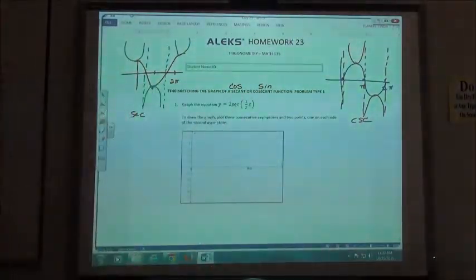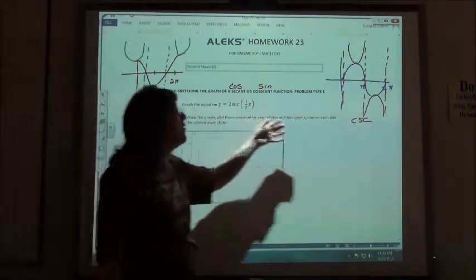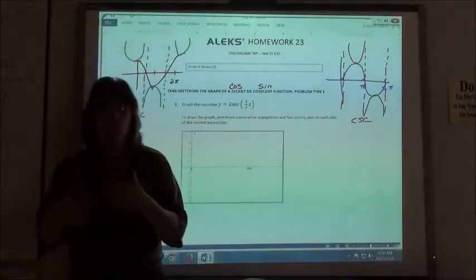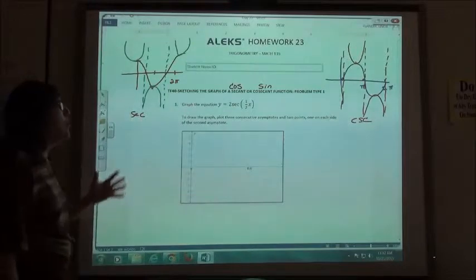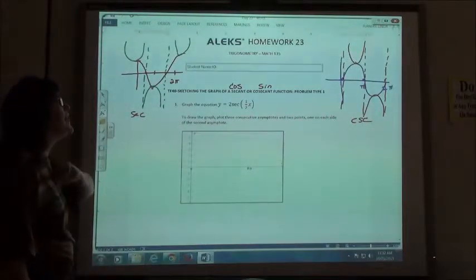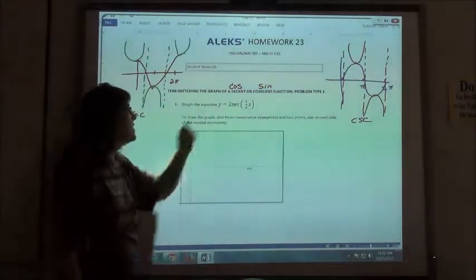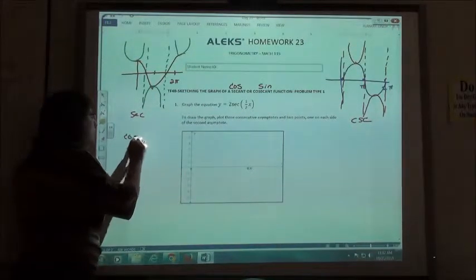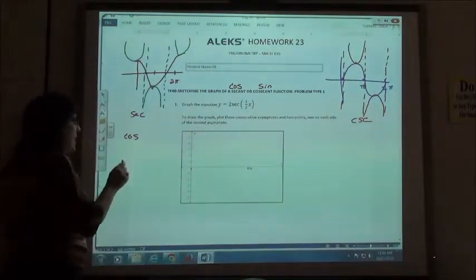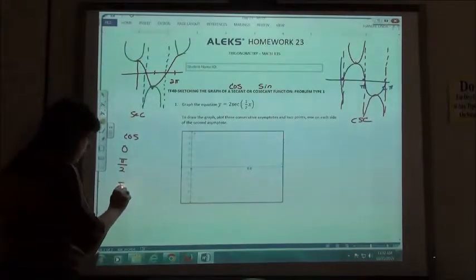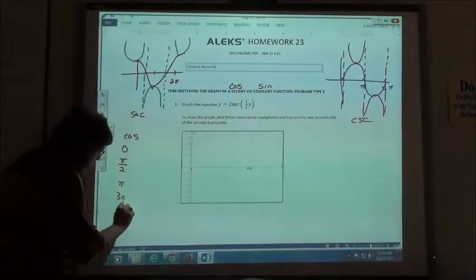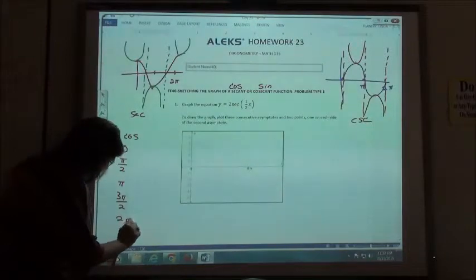So when we are going to graph a secant or a cosecant curve, we're going to do it just like we were going to either graph the cosine curve or the sine curve, and then we're going to adjust it to the inverses. This one is cosine. So for my normal cosine values, we said that we had 0, pi over 2, pi, 3 pi over 2, and 2 pi.